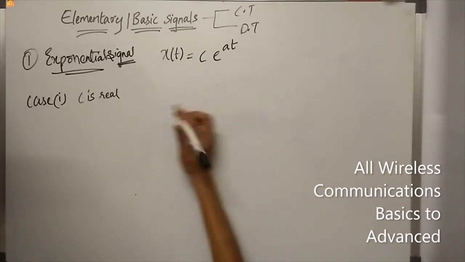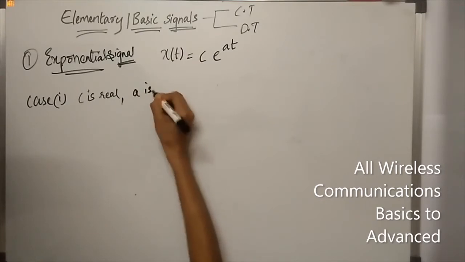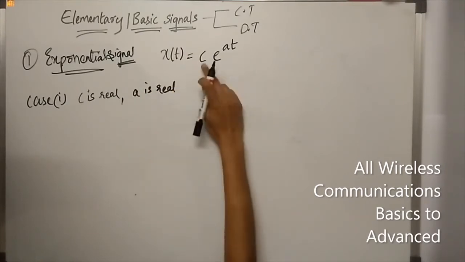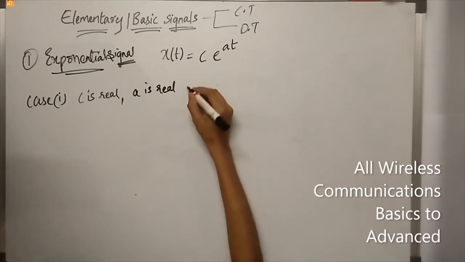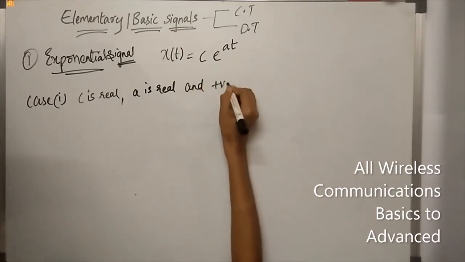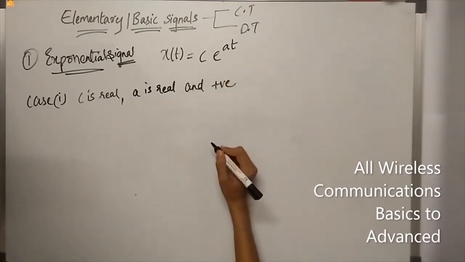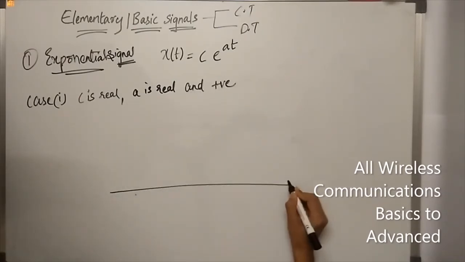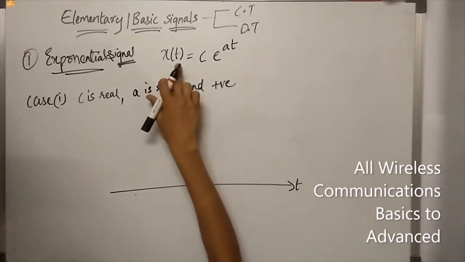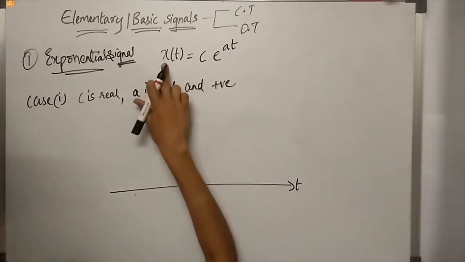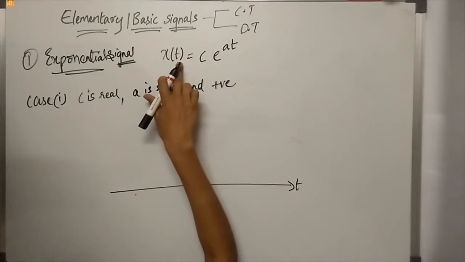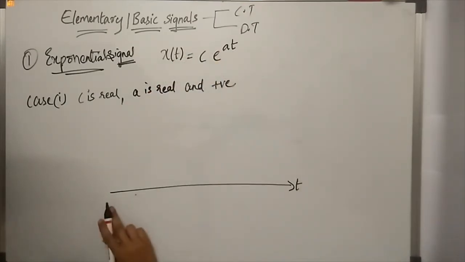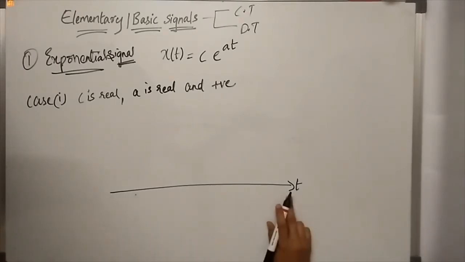So when C and A are both real, and I'm assuming both are positive, let's plot the signal x of t, where t is the independent variable. The signal is varying with respect to time. Now t can take any values, say from minus infinity to plus infinity.